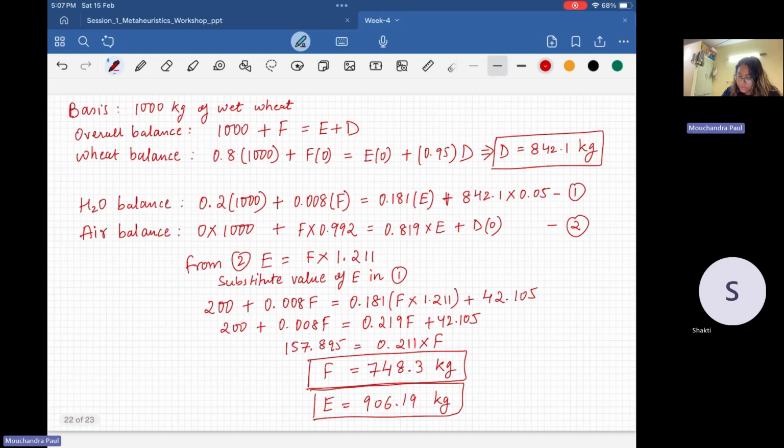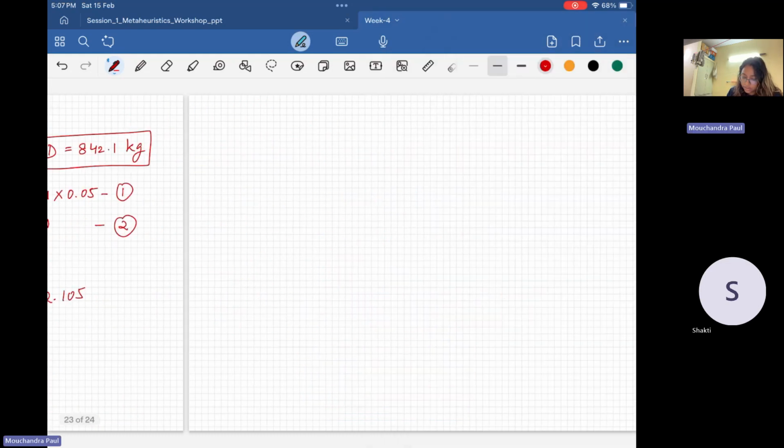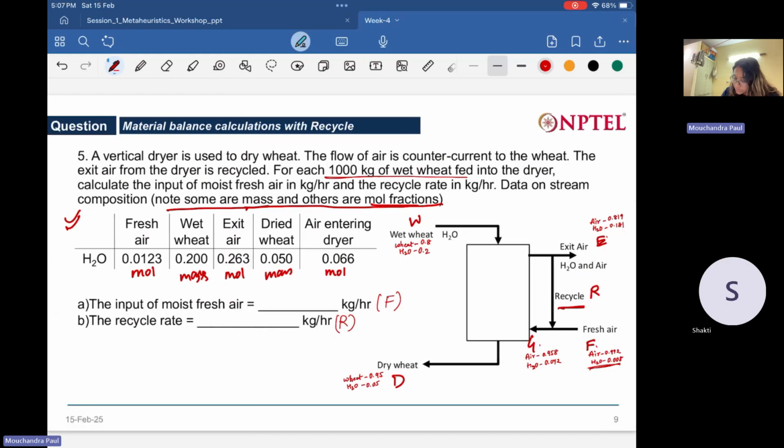So for that, let's consider the mixing point, where the fresh air and the recycled air are getting mixed and G is entering the dryer.